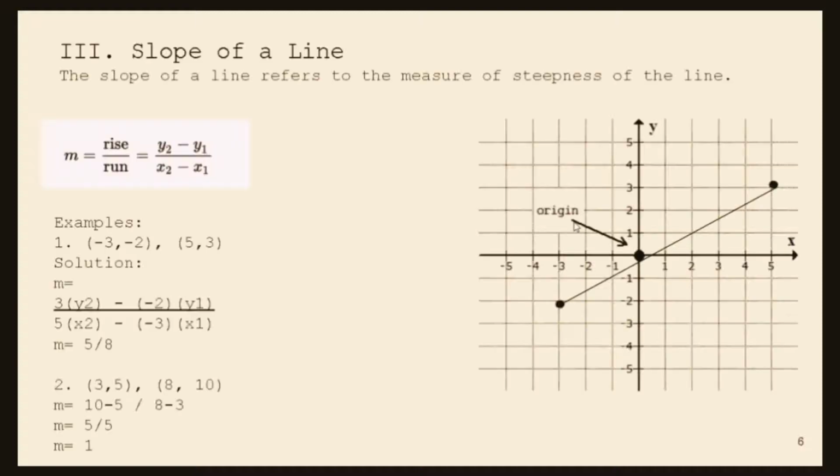Ay, wait. Take two, Ira, take two. So, yung rise over run, yung run niyan is yung distance, yung layo ng dalawang points na yun horizontally.